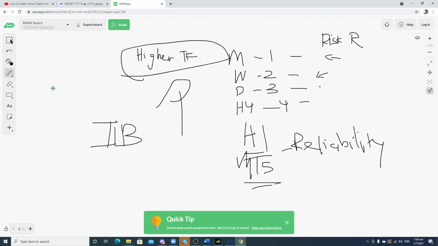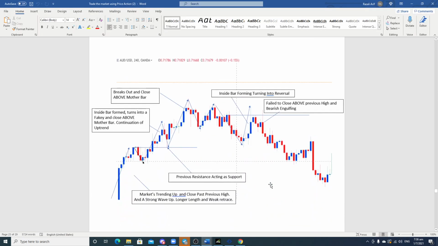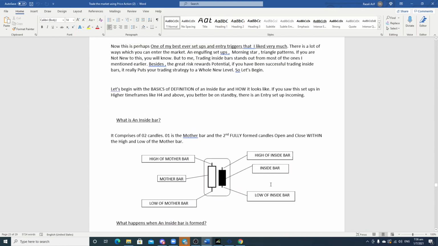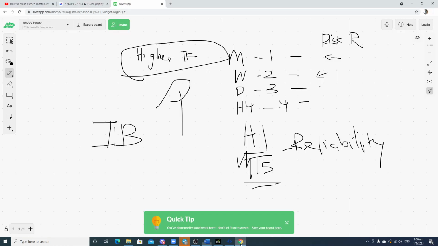Okay, the most important aspect of the inside bar, as I say, is you must have the process. So just now when I shared with you, you can all rewind and pause and take some notes. But the most important, my advice, is still practice and then backtest.